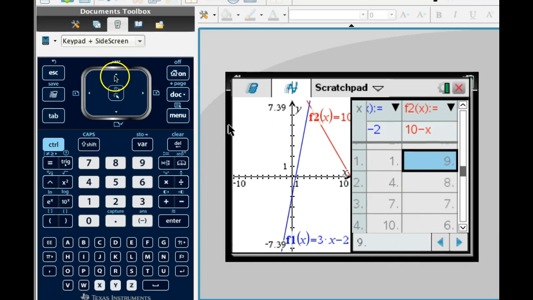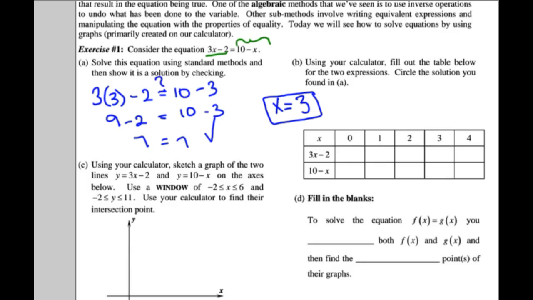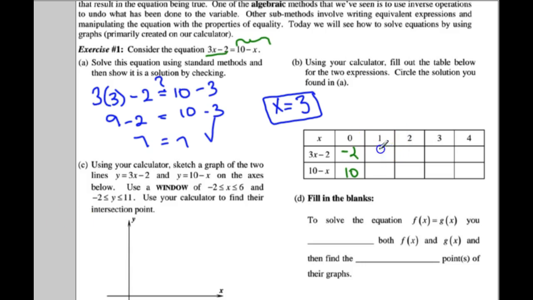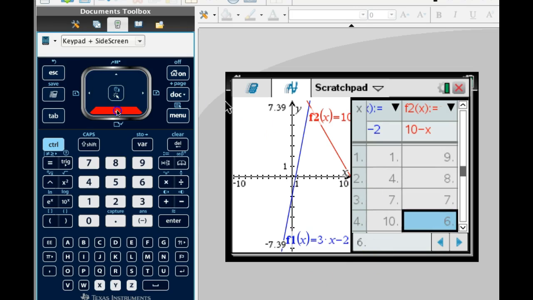At 0, I have negative 2 and 10. Copy these values: 1, 9, 4, 8, 7, 7, and then at 4, I need to go down, it is 10, 6.